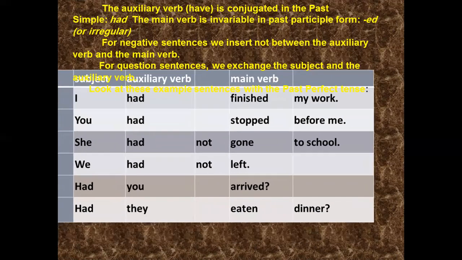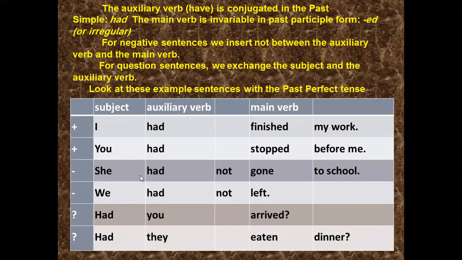Look at these examples with past perfect. Subject I, auxiliary verb had, main verb past participle finished. I had finished my homework. You, subject, auxiliary had, past participle stopped before me.